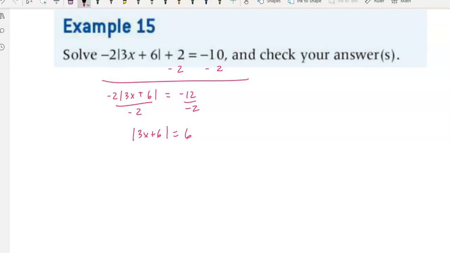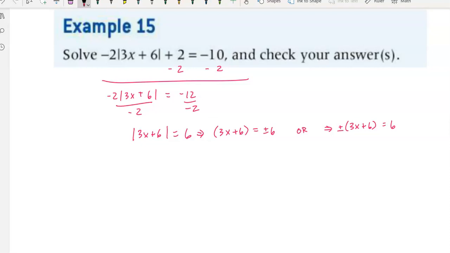Okay, and then after you isolate the absolute value, to break apart that absolute value sign, you can either split it up as 3x plus 6 equals plus or minus 6, or you can split it up as negative 3x plus 6 equals plus or minus 6. It doesn't matter.